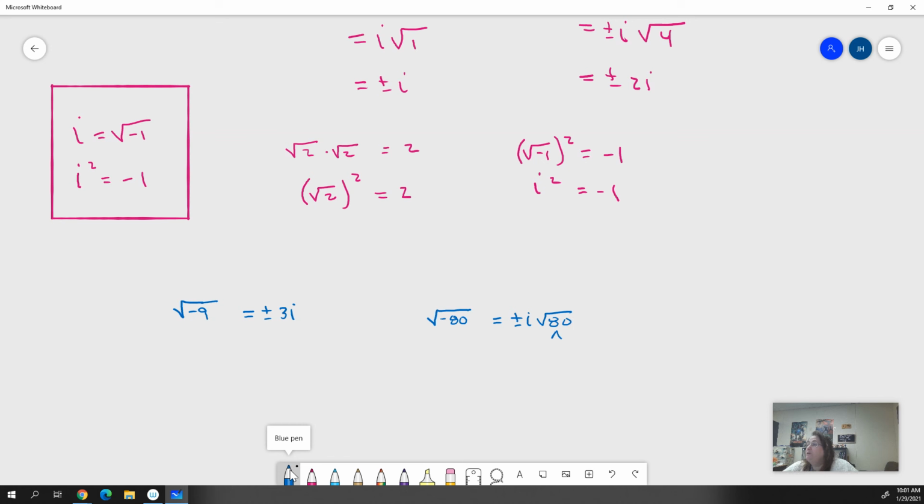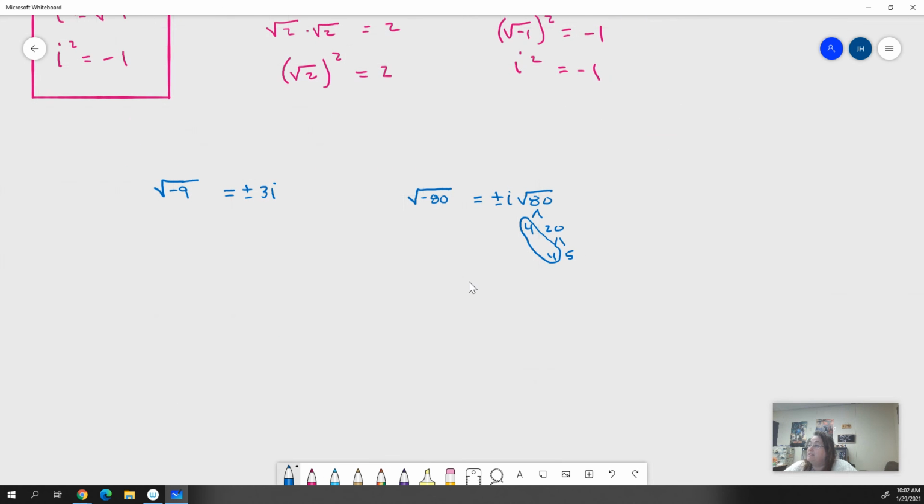Well, it's 4 times 20, and 20 is 4 times 5, so I can pull these 4s out, but the 5 is going to have to stay, because it doesn't have a pair and I can't break it down anymore. So the square root of -80 would be plus or minus 4i, and I still have to have this 5 under the square root. So we're just adding an extra step to exactly what we were doing earlier this week.